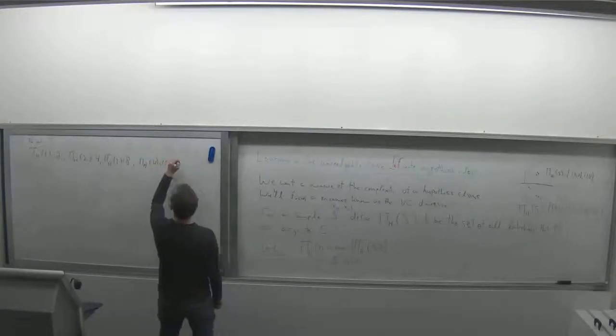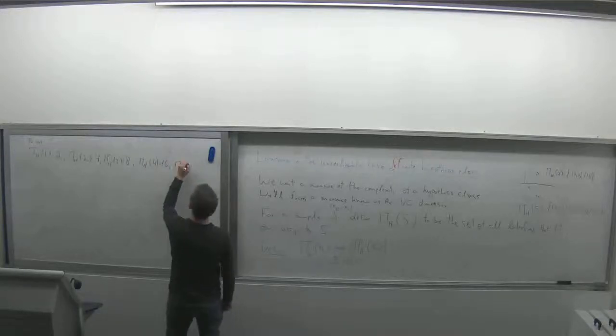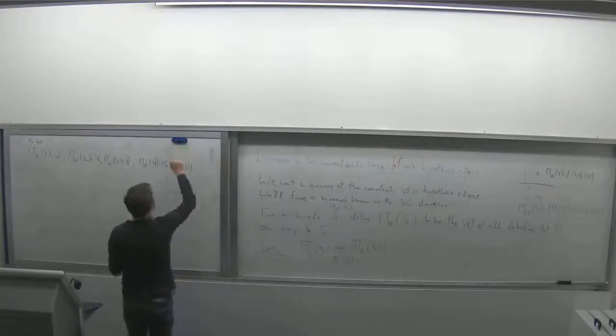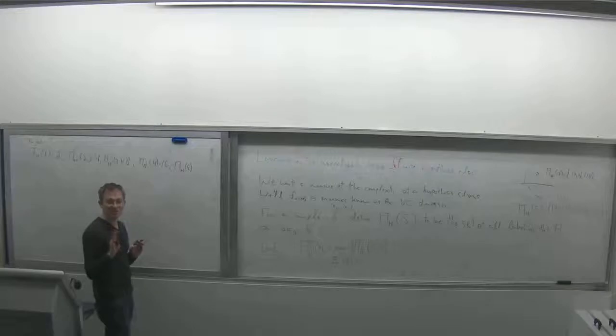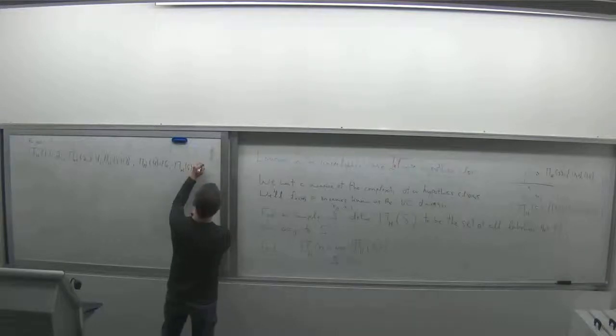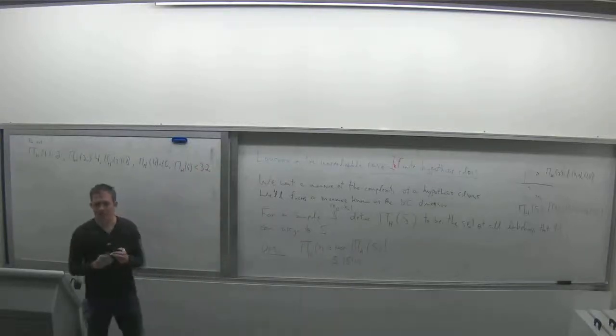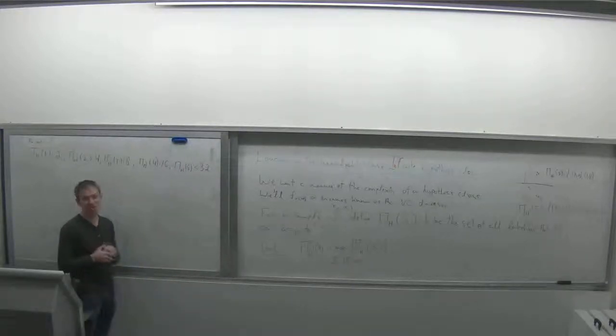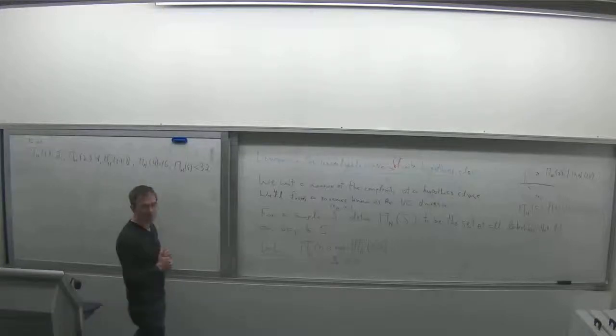And the punchline: what is pi h 5? Well, it's not necessarily 32, it's strictly less than 32. You can't say that it is 32? No, it's actually not 32. Because the last extreme point, isn't it dependent on the decision for the other 4? No.